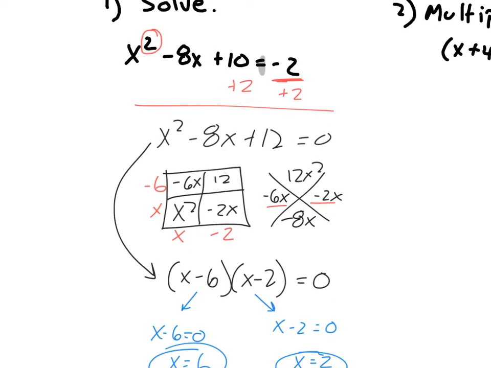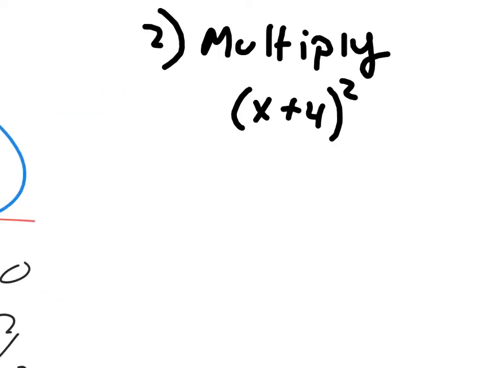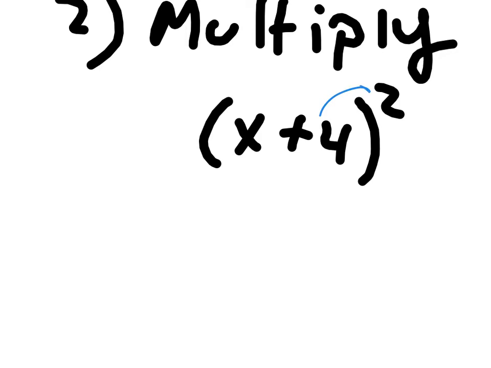And I solved it by setting it equal to 0 and factoring. So a lot of people neglect this first step up here of setting it equal to 0. But then we also want to make sure that you can use the quadratic formula, but factoring also works as well.